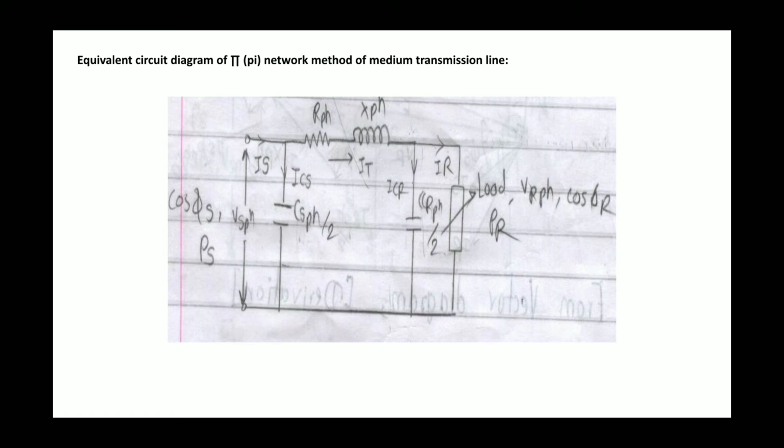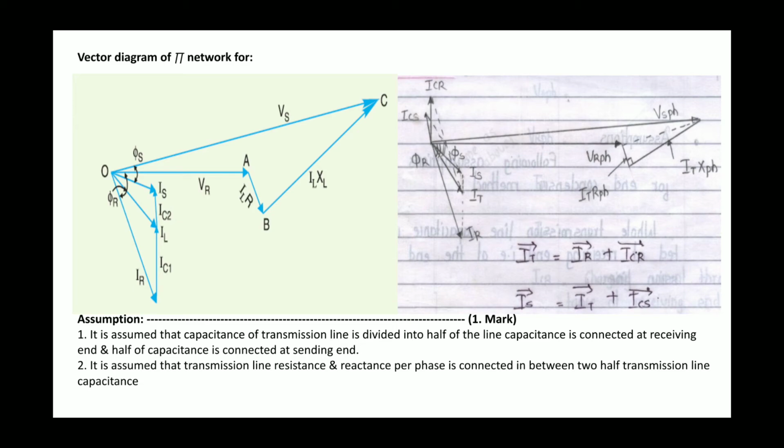Then ICS and ICR are the currents in the lump capacitors or condensers. This is the equivalent diagram of the nominal pi network. The next is the vector diagram. This is the vector diagram of the nominal pi network.